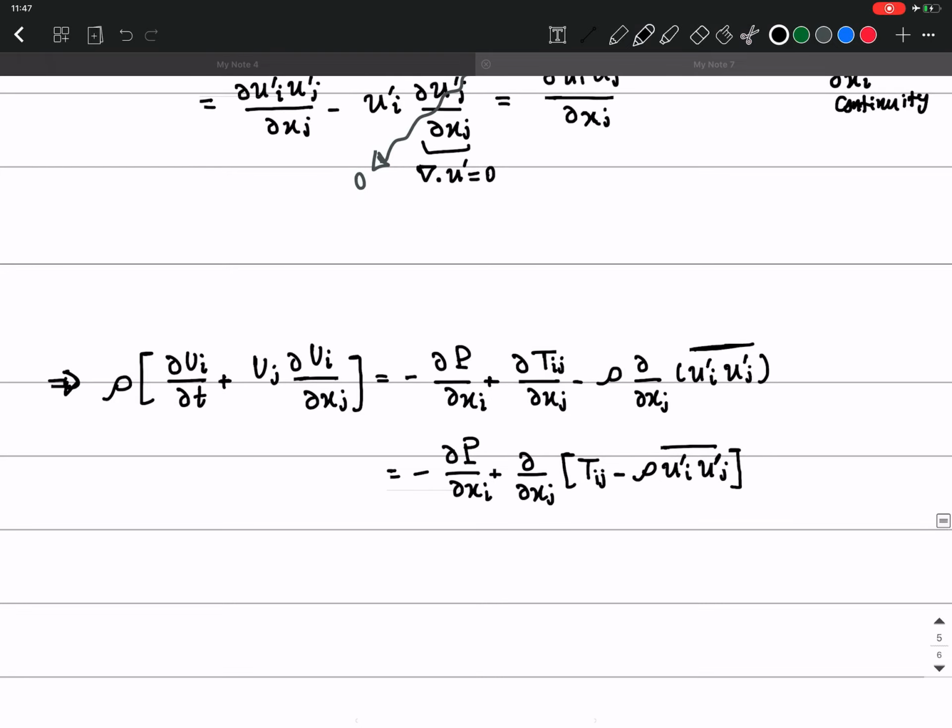A very interesting observation here is that this additional term, when you put it on the right-hand side with the partial over partial xj, acts like a stress. And we call this the Reynolds stress. So these are all Reynolds stresses.